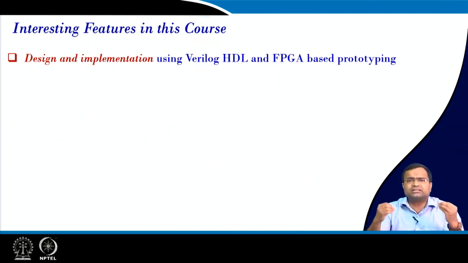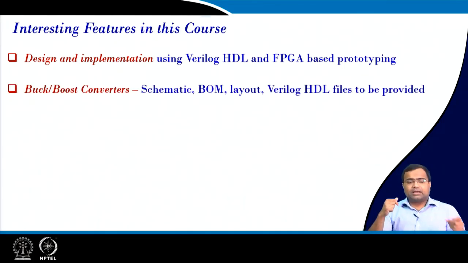We will try to study some aspects, but this will be mostly for demonstration purposes, may not be part of the exam. So, we will show Verilog HDL based FPGA prototyping and the steps for implementation, and we will be using buck and boost converters. In this lecture also I will show the picture of the test setup, and we will provide the schematic of our test kit, that means buck and boost for the power stage, and we will also provide the schematic and layout file for the signal conditioning board.